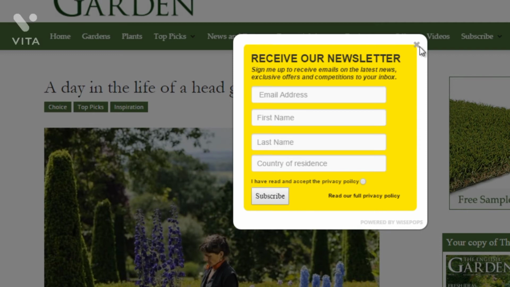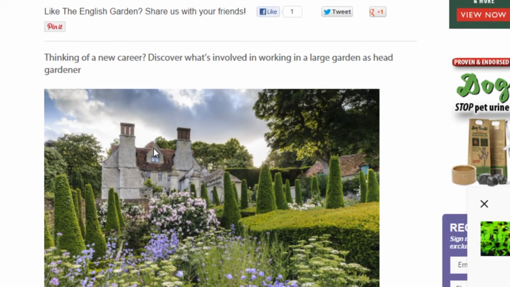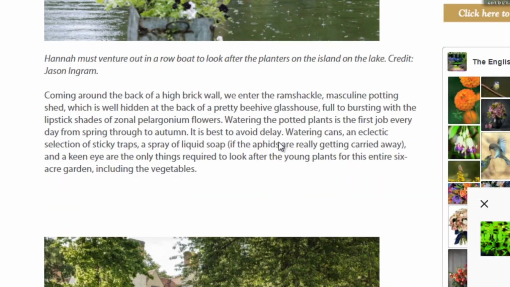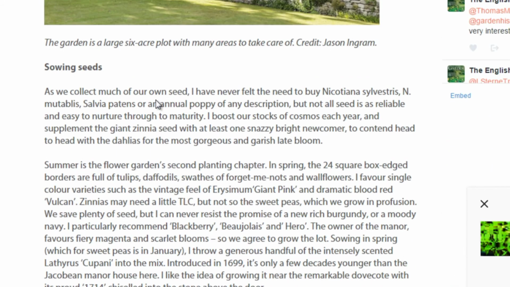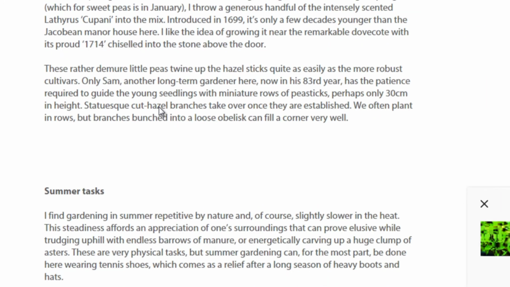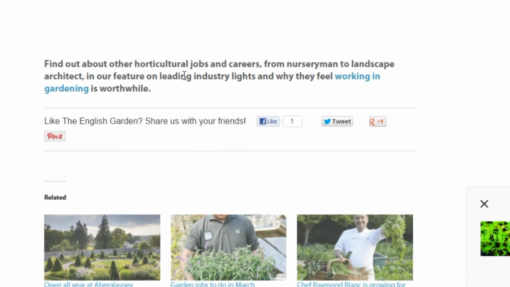And then, of course, we look at a day in the life of a head gardener, of a different head gardener. We look through here. Waking up early, sunlight flooding my bedroom. She has dogs, so she gets up, gets clean, starts sewing, essentially getting her things ready, and she goes out on the water.